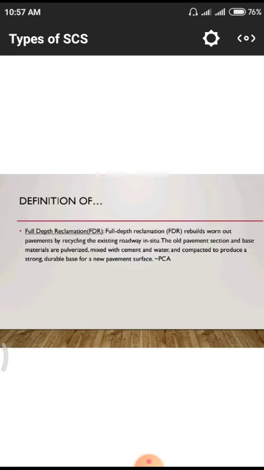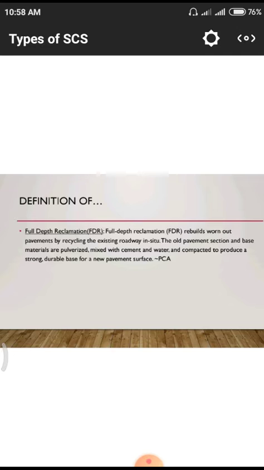But in case of this rehabilitation work, the total material is saved and workmanship is saved. Simply we need to depend upon mechanical equipment for the purpose of grinding works. This is the advantage whenever we are going for this full depth reclamation.